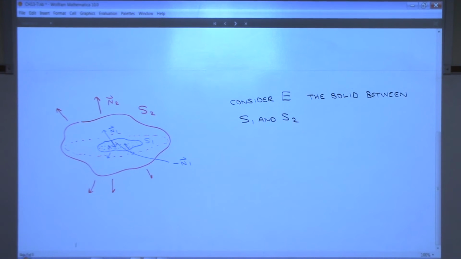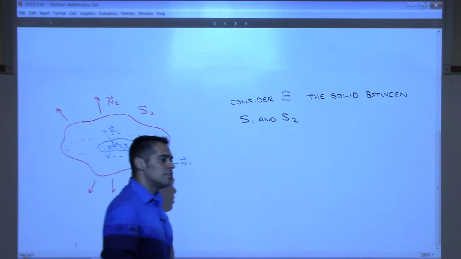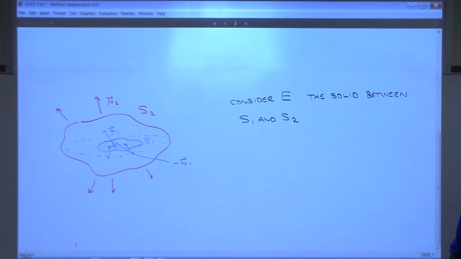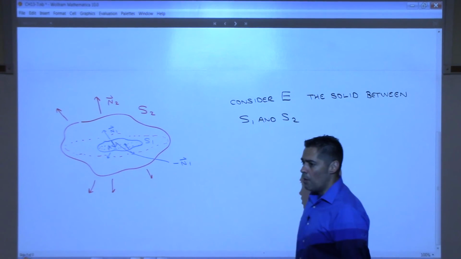That's the part I'm talking about. Consider that solid, and consider the surface that would enclose it. It actually would require two surfaces to enclose that, but your normals need to point away from the solid.